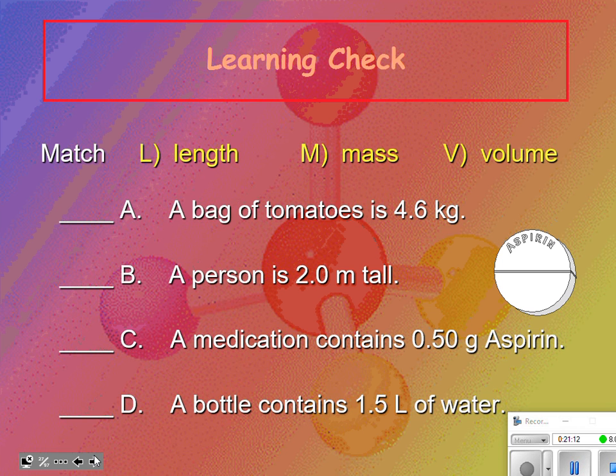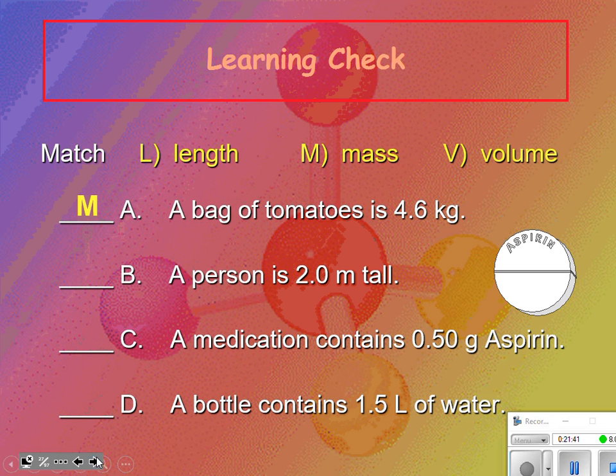Learning check. Go ahead real quick in your notes. Match the correct ones. L, M, or V. What you gonna put? Where are you gonna put it? A bag of tomatoes is 4.6 kilograms. That is a measurement of mass.